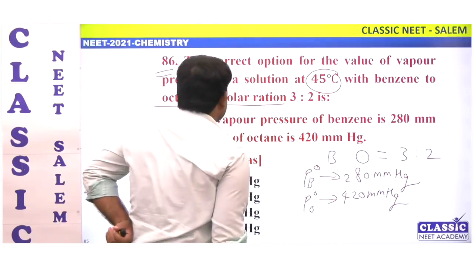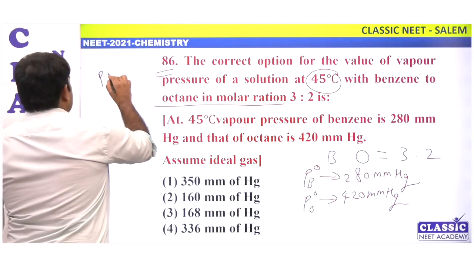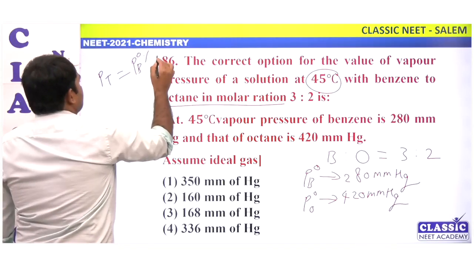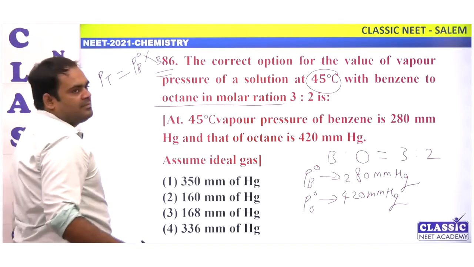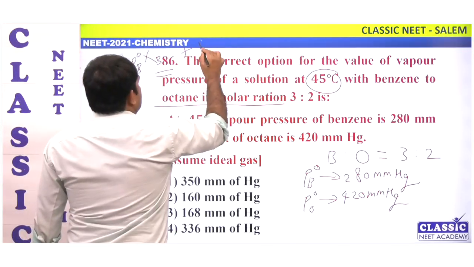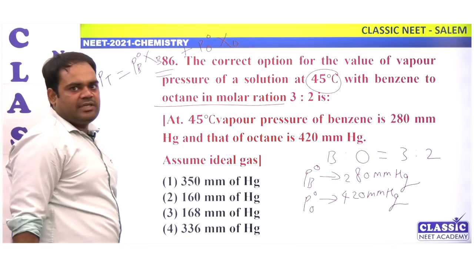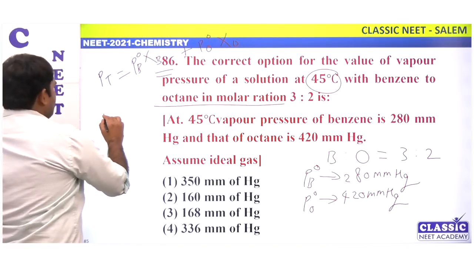After that we can apply the formula: PT, the total pressure, equals PB naught times the mole fraction of benzene, plus PO naught times the mole fraction of octane. Put all these values.